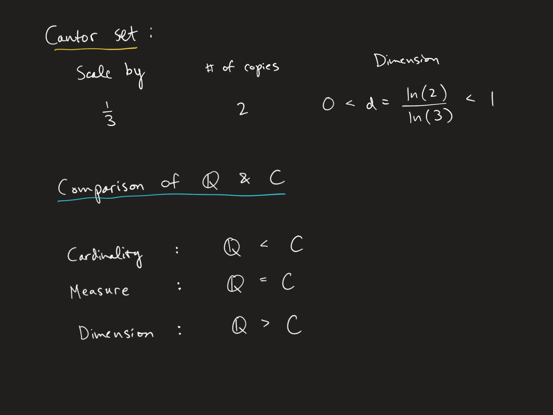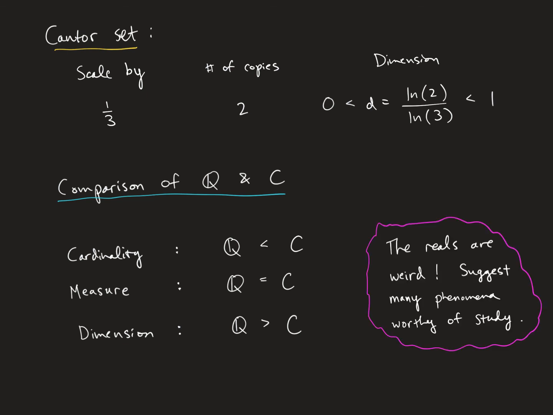So this gives you maybe a broader standpoint from which to appreciate the complexity of the real numbers and the subsets of the real numbers, and the diverse number of ways you can think about, conceptualize and quantify various notions of the size of subsets of the real numbers.